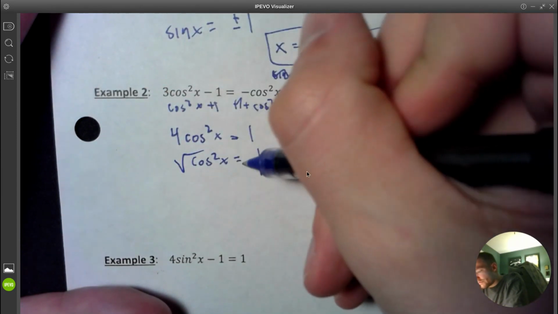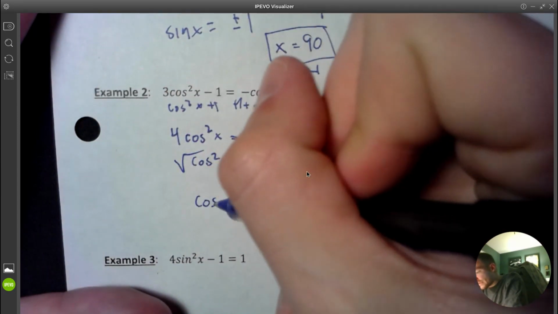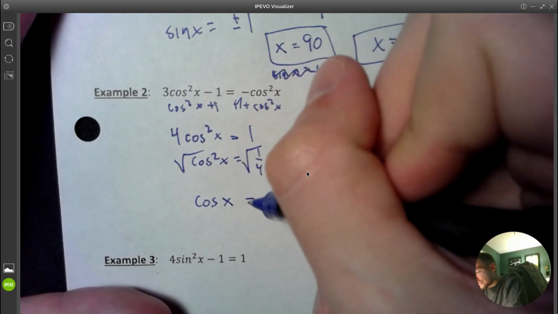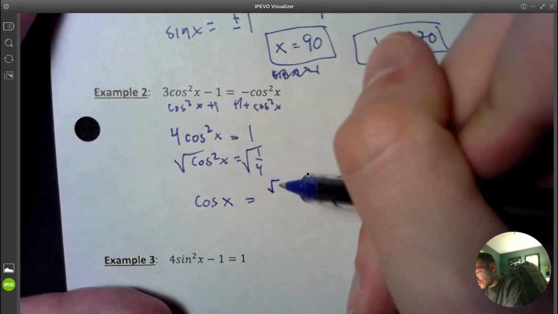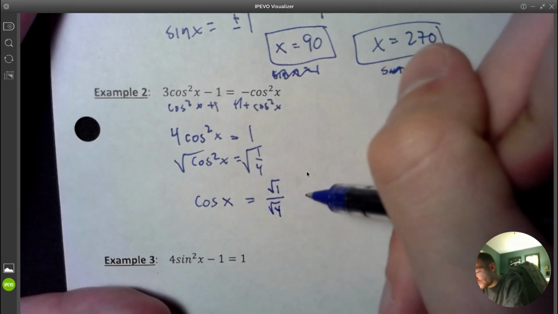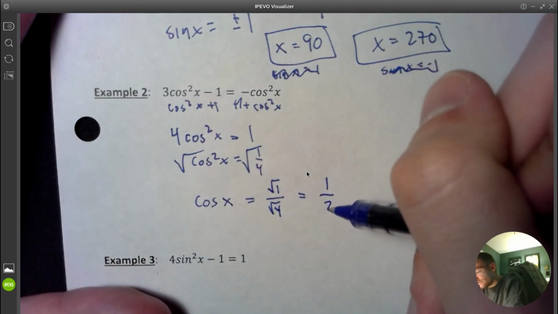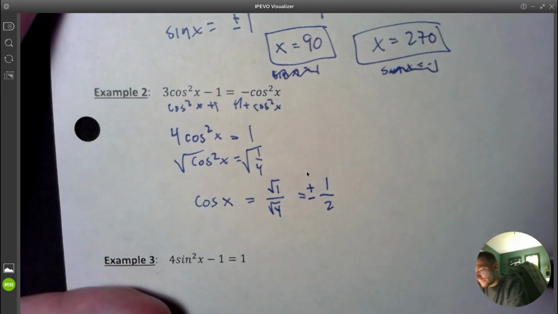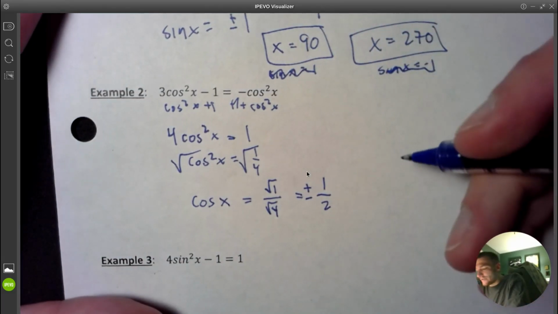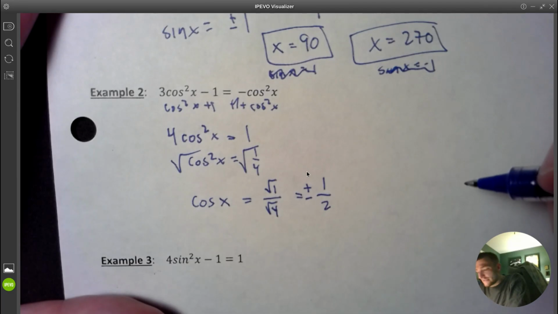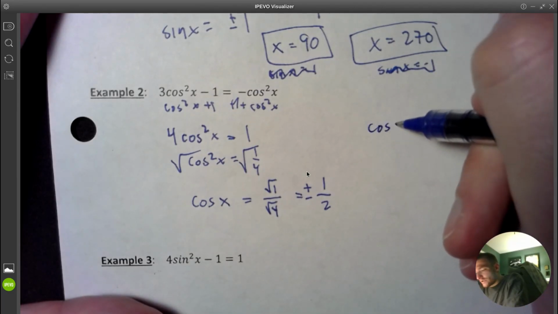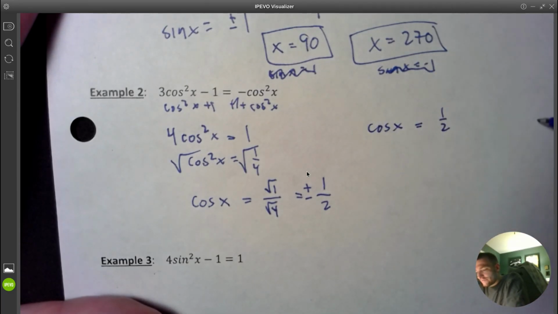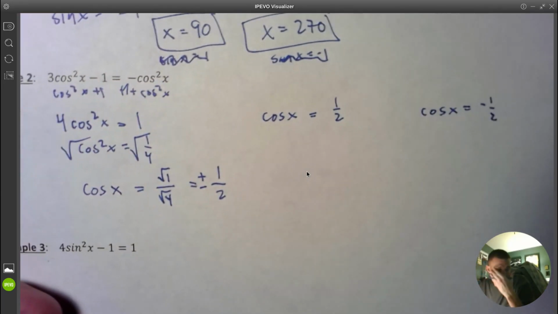I'm going to square root both sides. And I'm going to get cosine x is equal to square root 1 over square root 4, which is 1 over 2. When I square root both sides, I need a plus or minus. So now I'm looking for all the places where cosine x equals positive 1/2 and cosine x equals negative 1/2.